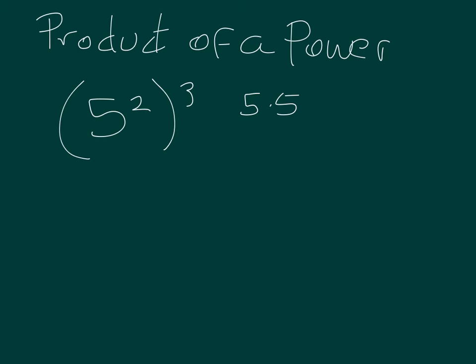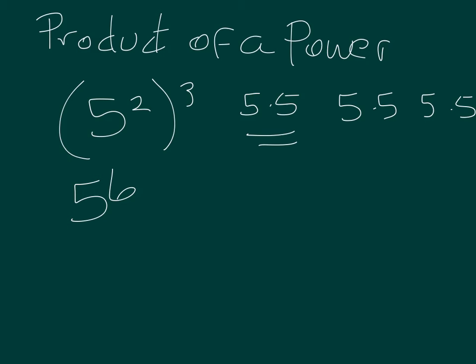So how many of these 5 times 5 are we going to have? 3. So how many do we have? 1, 2, 3, 4, 5, 6. So 5 squared to the third is 5 to the sixth.